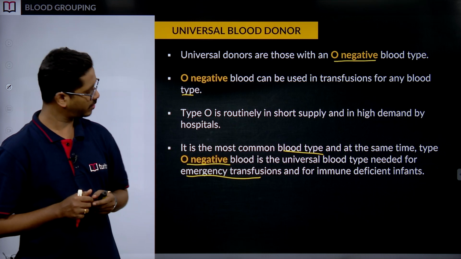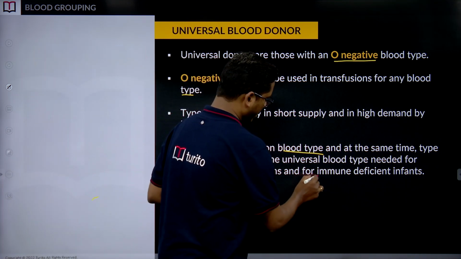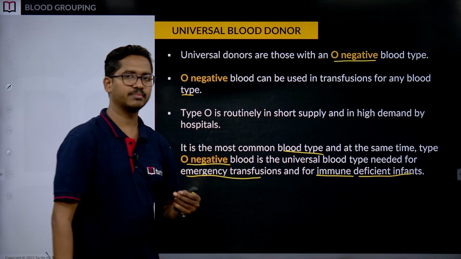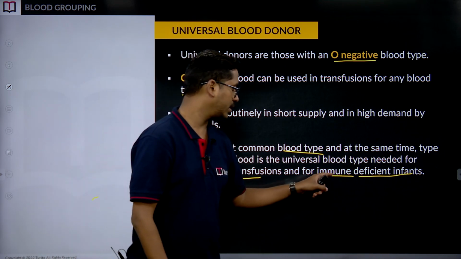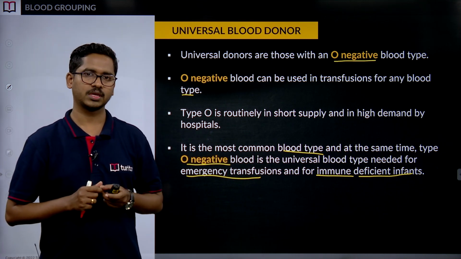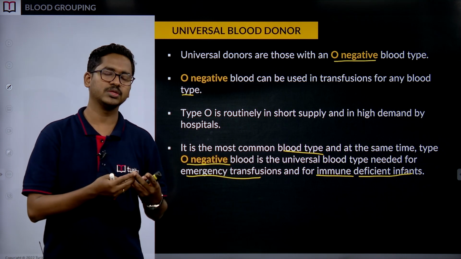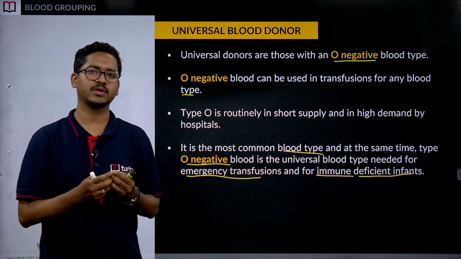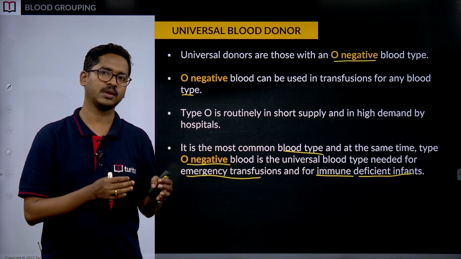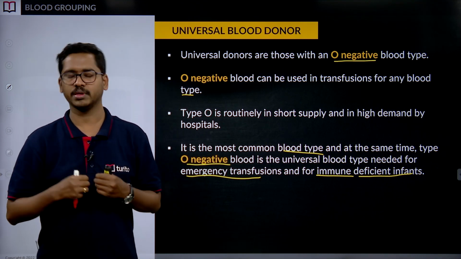Another important need for O negative blood group is that there are some cases where infants, when they are born, have an immune deficiency. Sometimes babies are born and, due to some reason, do not have sufficient immunity to act against some of the antigens mixing from the mother's blood into the baby's blood.